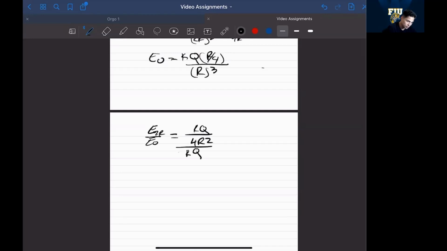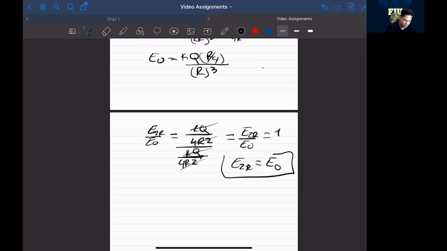Once we find that, we see that everything cancels out, and we get that E at 2r divided by E naught is equal to 1. So the electric field at 2r will be equal to E naught, the electric field inside.